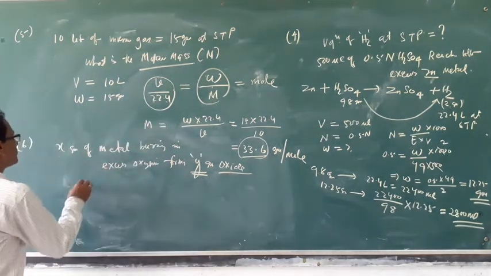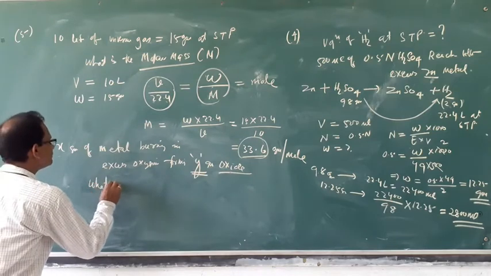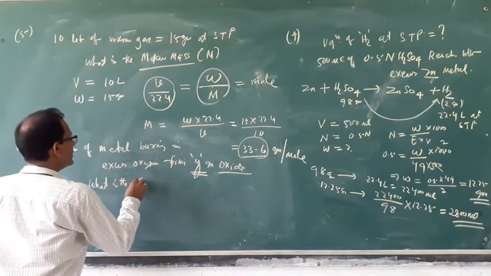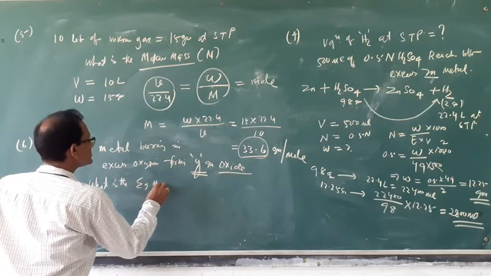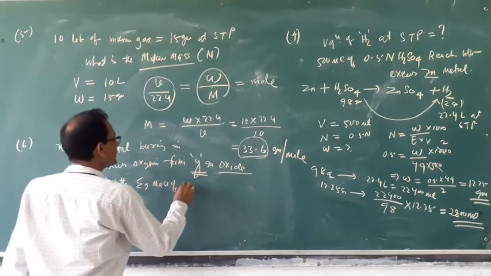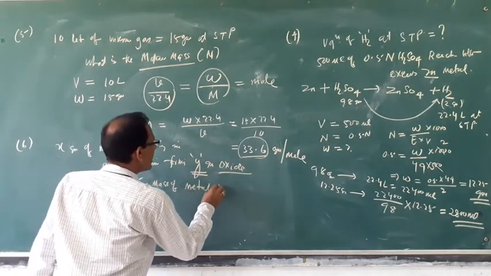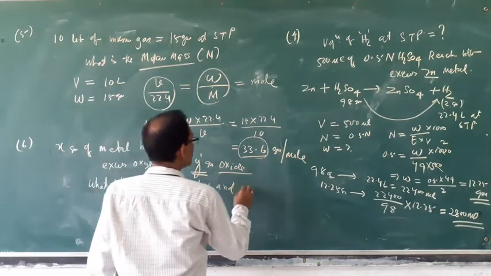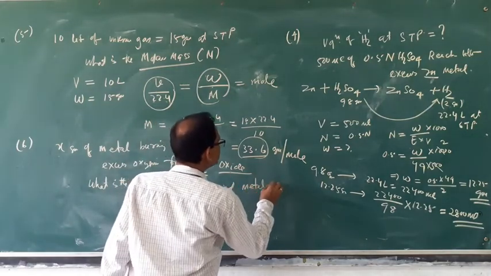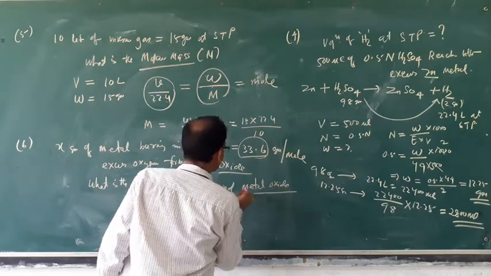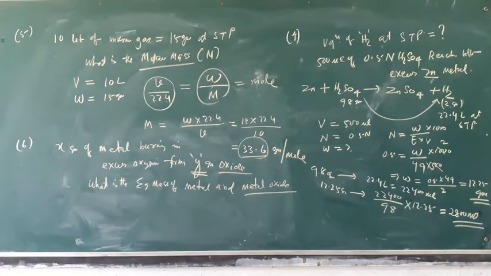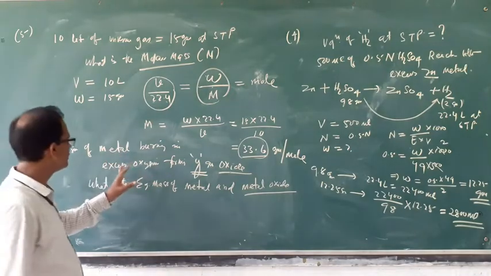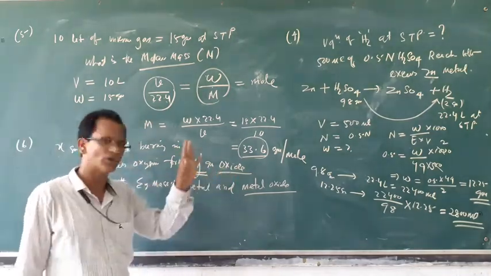Question is, what is the equivalent mass of metal and metal oxide? Very simple question. Carefully, just read the question. X gram of metal burning in excess oxygen forming Y gram oxide.